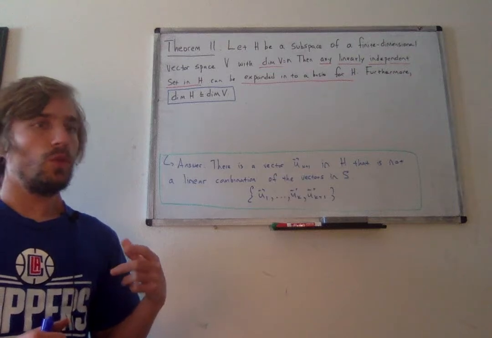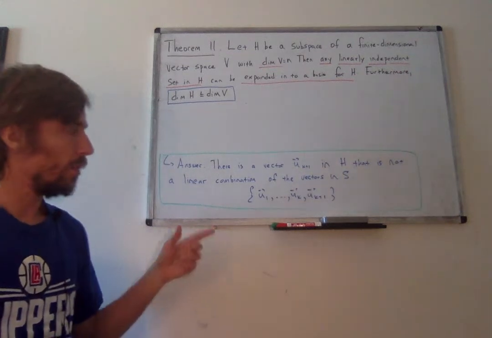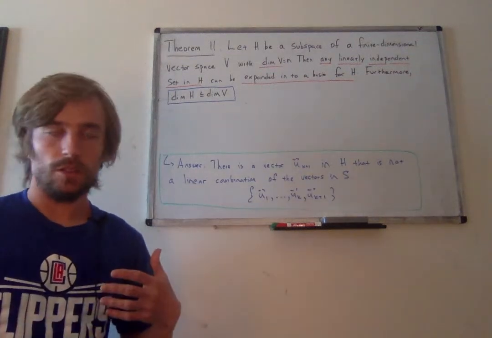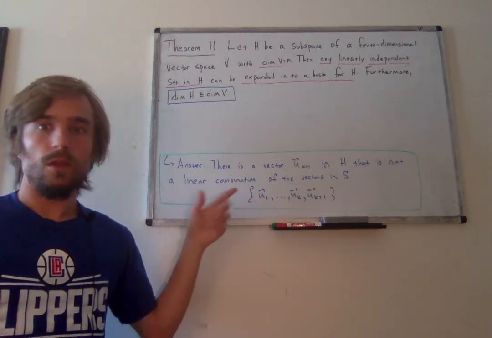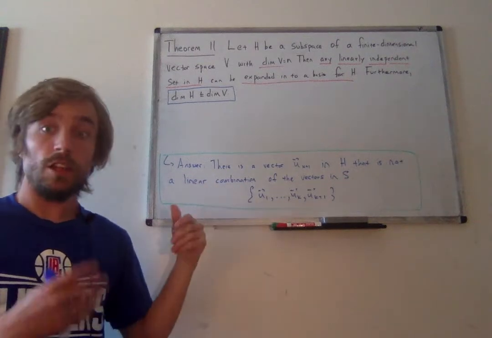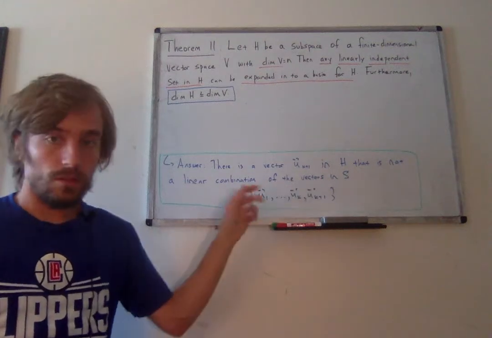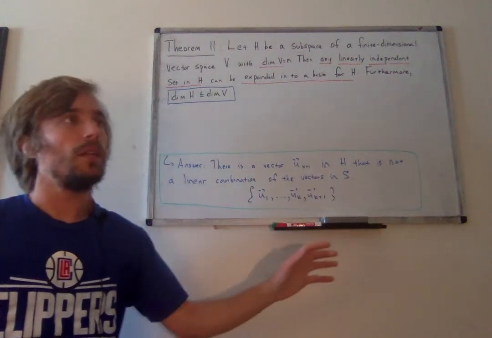So the question you might ask is, okay, I just added this vector, how do we know that I can't find yet another vector? Well, we don't know that. I might be able to find yet another vector that I could add that would make this even bigger set still linearly independent.